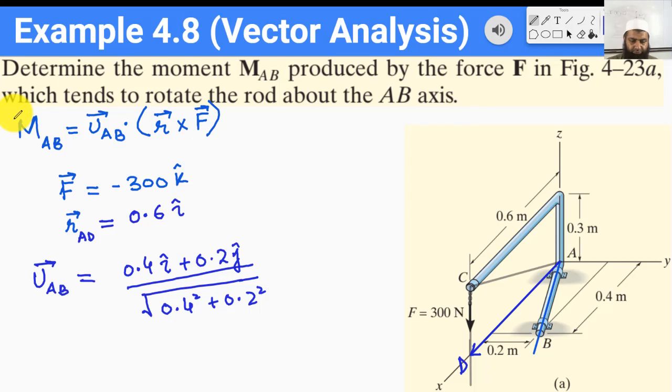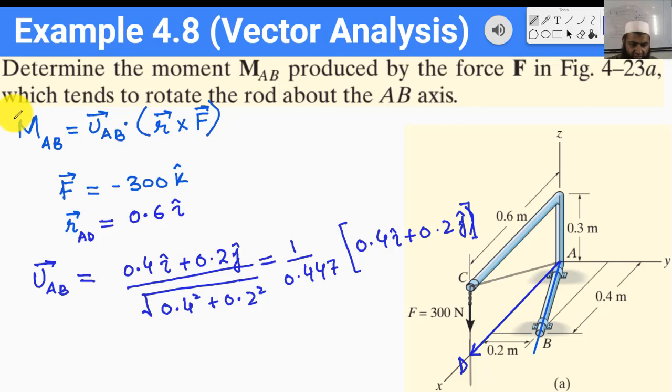So this is the unit vector along AB, this is the force vector, and this is the position vector from point A to point D, which is along the line of action of the force. So this turns out to be equal to 1 divided by 0.447 times this vector, which is 0.4 I hat plus 0.2 j hat.